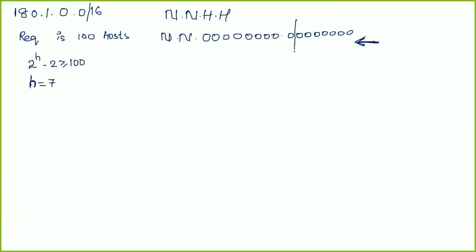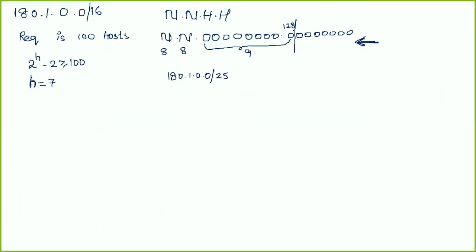If I save the 7 bits, then all of the remaining bits are converted. 9 bits are converting. What is the increment value? 128. So your first network will be 180.1.0.0. Subnet mask here 16 bits. You have added 9 bits. That will be 25.